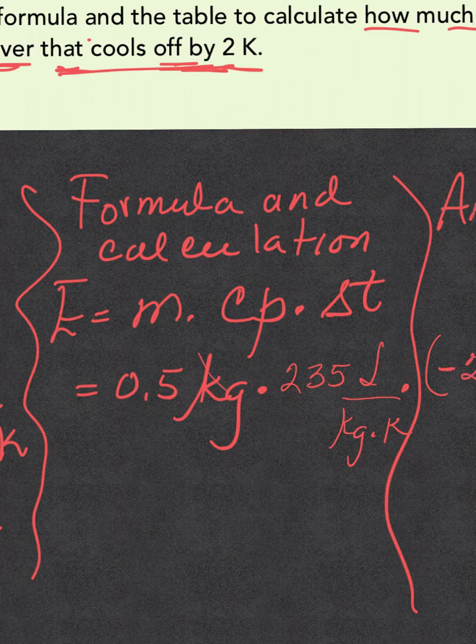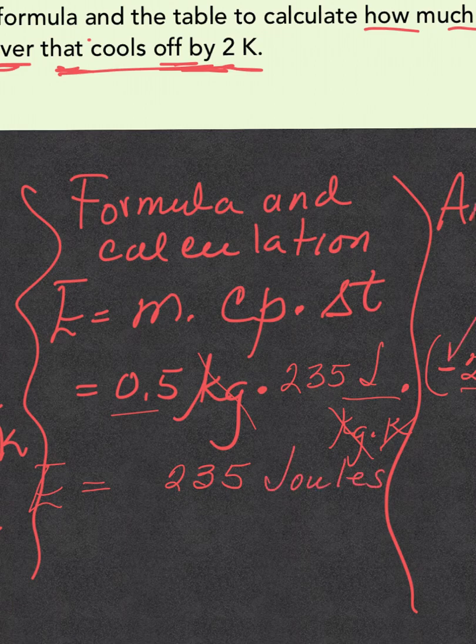Remember that the kilograms cancel with the kilograms, the Kelvin with the Kelvin, and I'm going to have the energy in joules. You don't need a calculator for this because if you multiply 2 by 0.5, that's 1. Multiplied by 235, identity property, 235 joules. But you have a negative there, so I have to put a negative here.